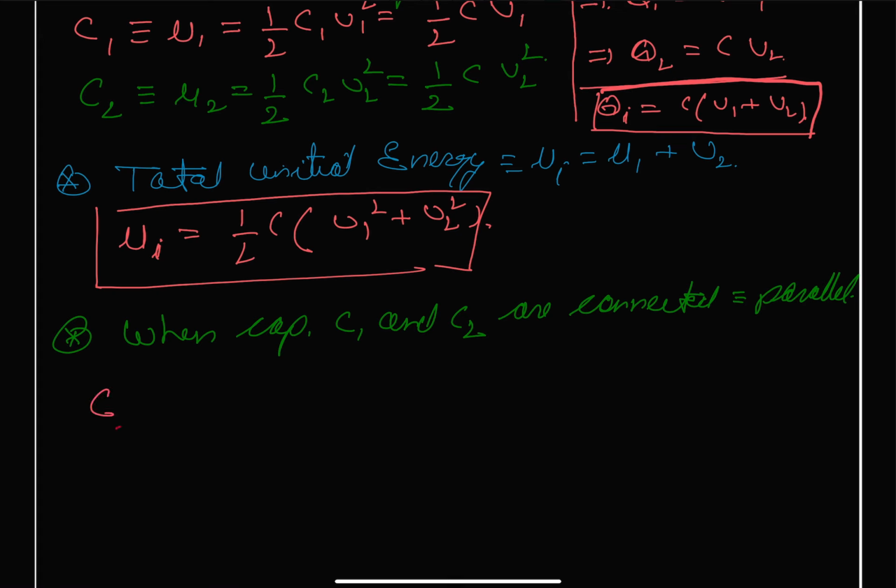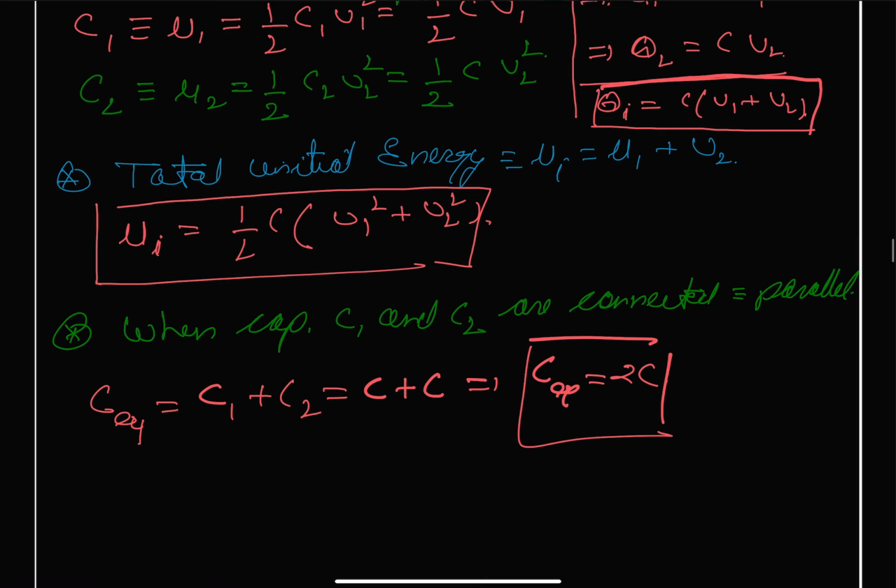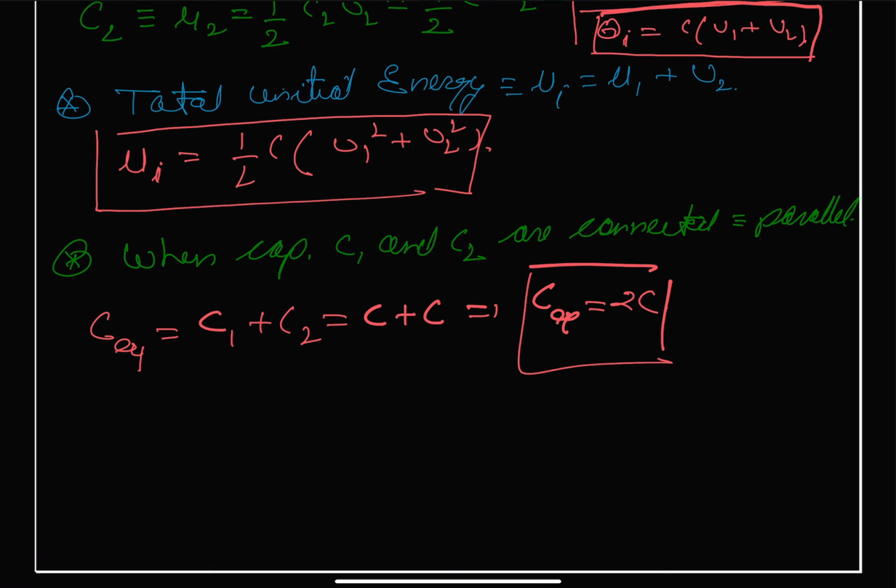So we can say our C equivalent will be equal to C1 plus C2, which becomes C plus C, giving us C equivalent equal to 2 times C. So this is the equivalent capacitance of their combination, and we can find out their final potential energy.